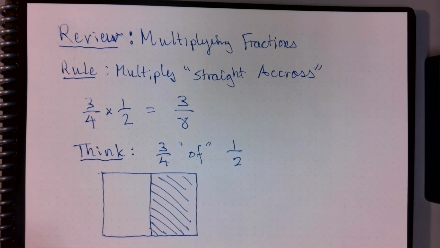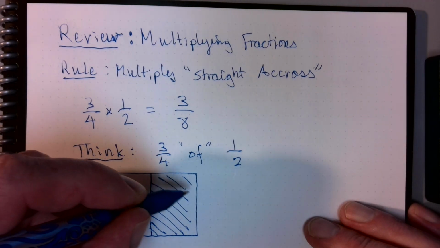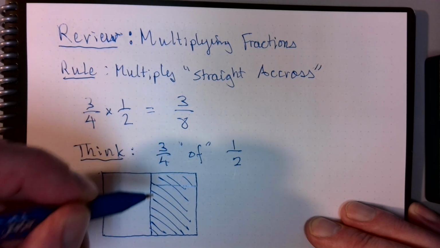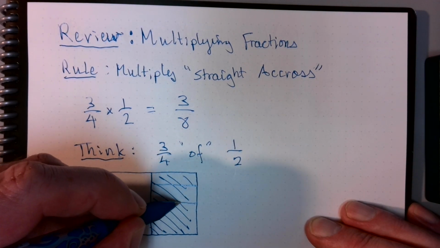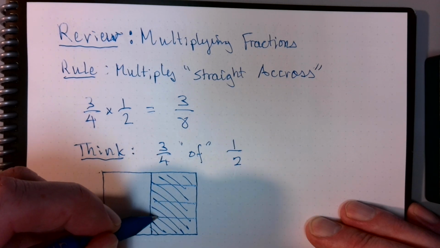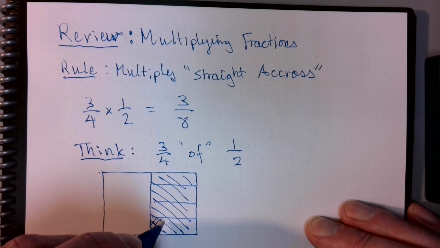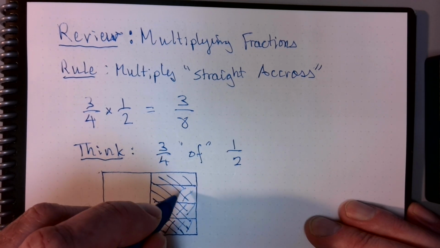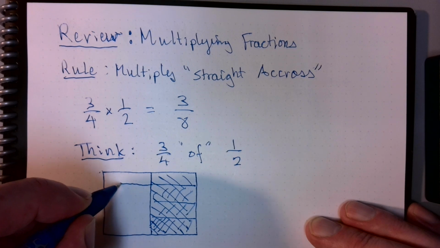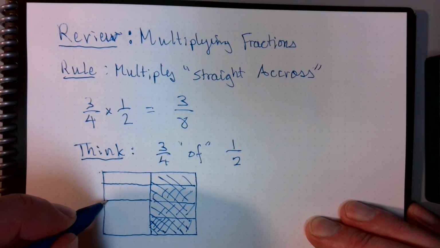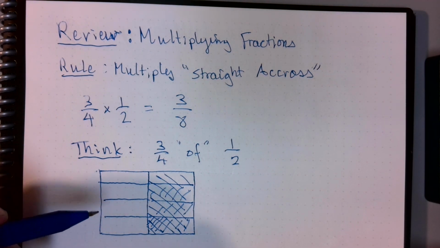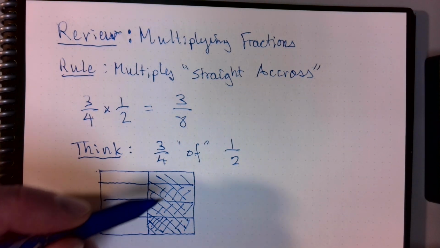Now I'm going to do 3/4 of this. So I'm going to cut my shaded portion into 4 equal pieces, and I'm going to shade 3 of those 4 equal pieces. And then we're going to look at what is double shaded. Now when I do that second cutting of my figure, notice I have made 8 pieces.